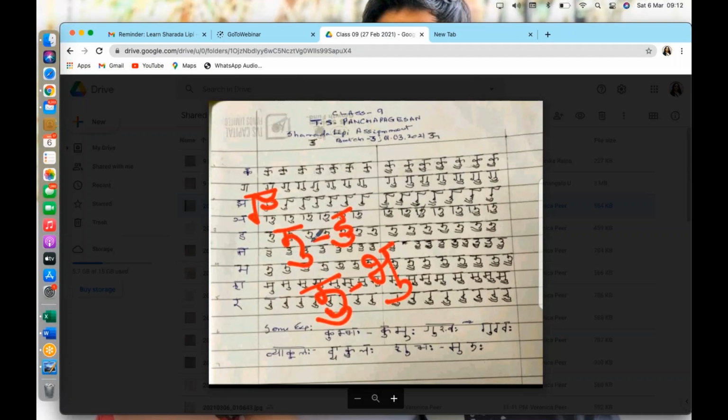In some places, as shown here, we can see that the matra is not attached to the letter, whereas it has to be attached to the letter. That is what is shown here. The correction is done. If you see here, it is shown.